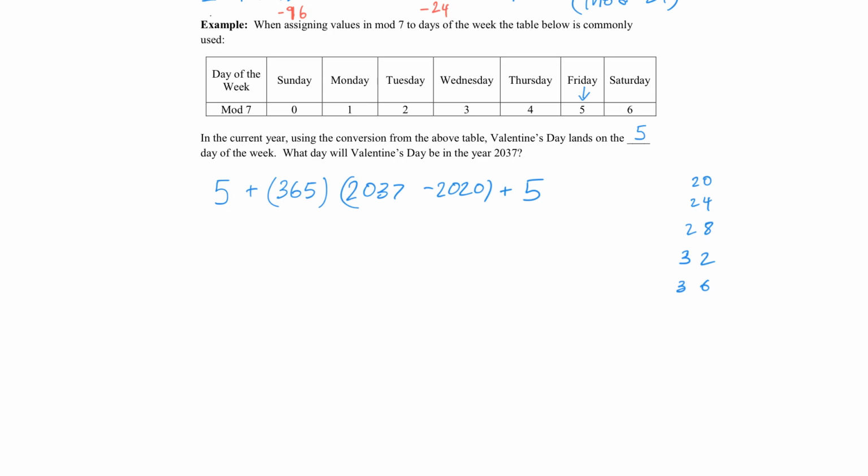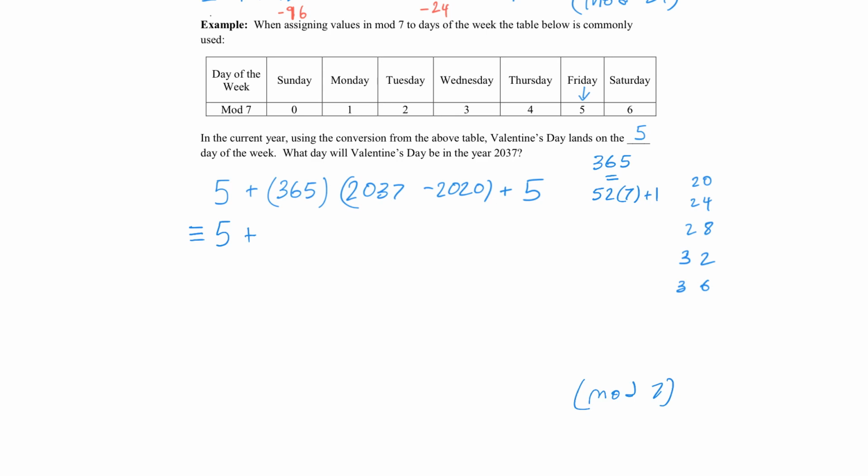So I'm going to take my pen and write mod 7 at the end of my problem to indicate that all the congruences represent remainders when we divide by 7. So working below, we'll copy the 5. For the 365, it is kind of nice in mod 7. I always remember that there is 52 weeks in a year, so 52 weeks would be 52 times 7 plus 1 extra day.